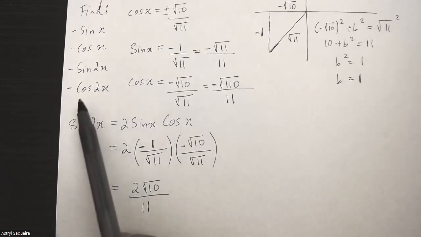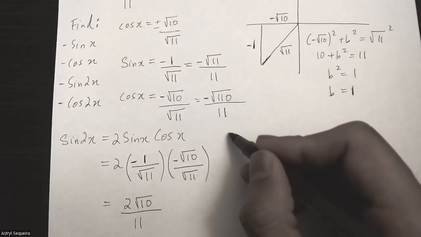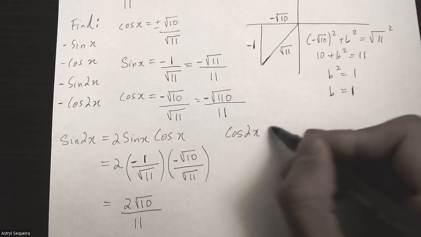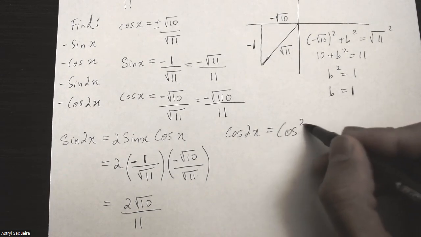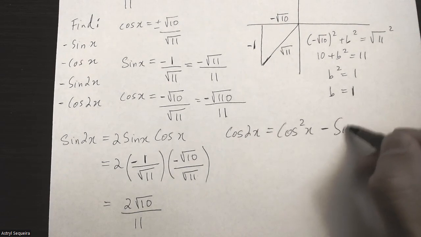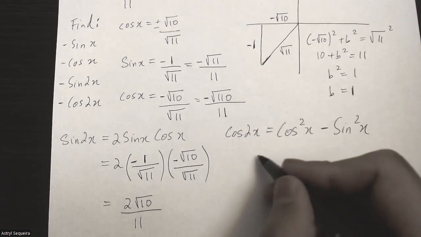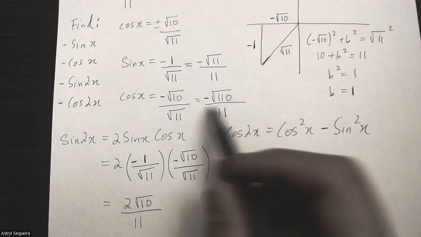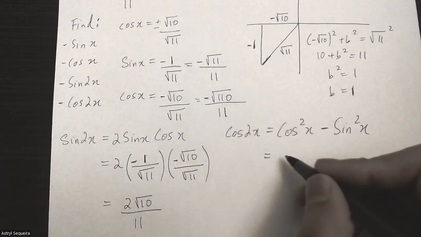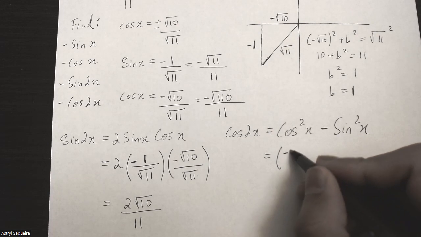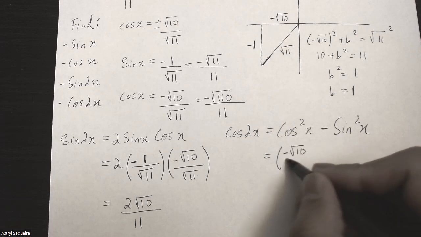And the last thing I need to find is cos 2x. So cos 2x just equals, you can use any of the three formulas, but I'm just going to use cos square x minus sine square x because I find this one to be the easiest. I know cos x is just, again, I'm going to use the non-simplified one over there. It just makes it a bit easier to do these calculations.